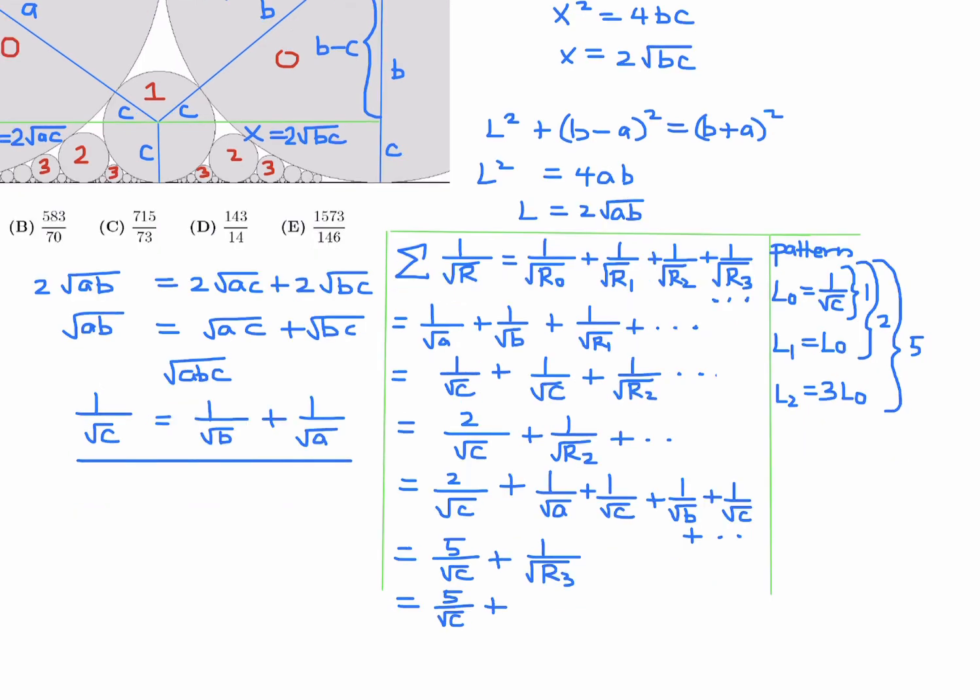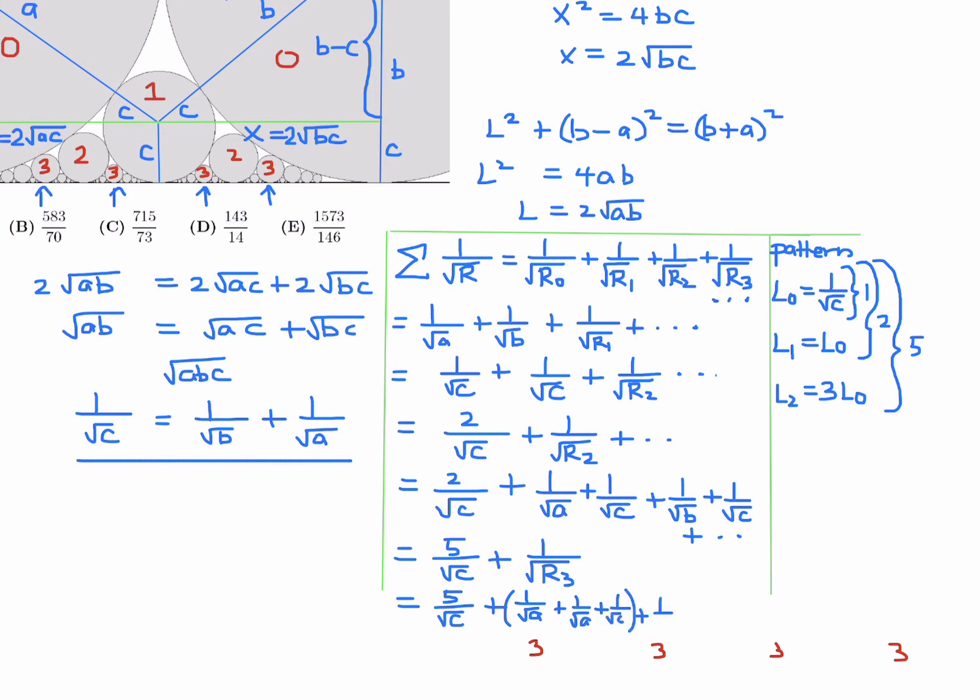Now let's look at layer 3. And layer 3 is this one, this one, this one, and this one. So I'll just write them down here to kind of see. We got the first layer 3, the next layer 3, the next layer 3, and the next layer 3. So in a careful way, let's write out each of them. The first one is 1 over root A plus 1 over root A plus 1 over root C. So that takes care of the first one.